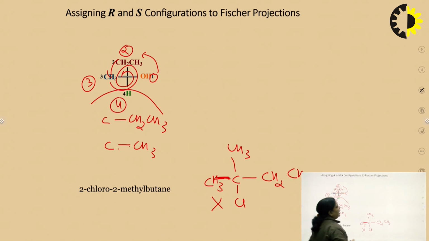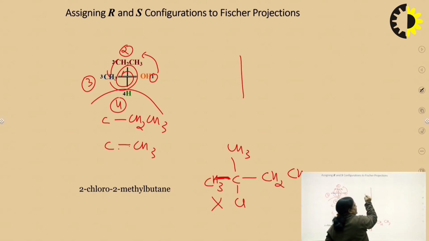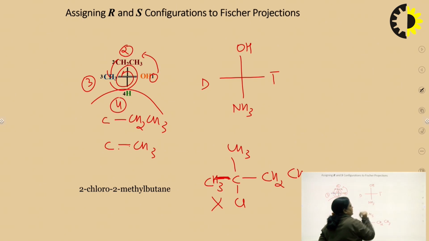But if the compound looks like this, suppose here is T, and this is suppose D, and this is suppose OH, and here is NH3. So in this case, T is the tritium and D is the deuterium.